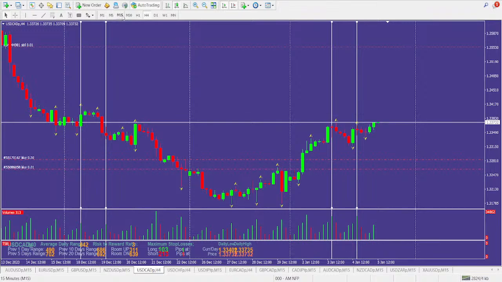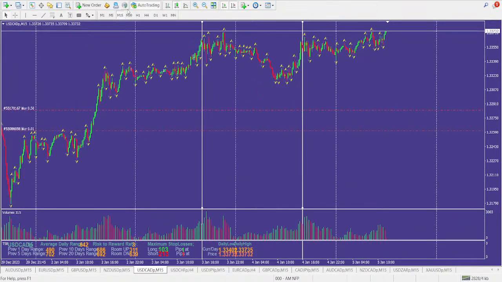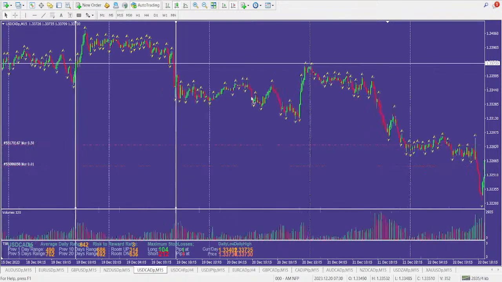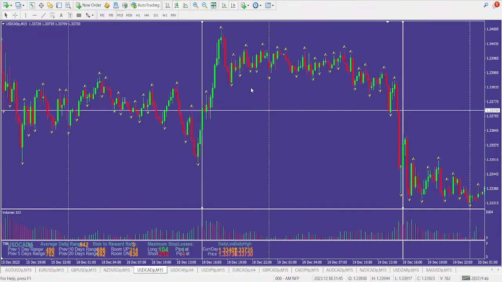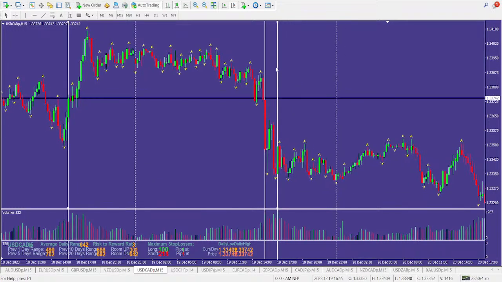M15, starting with supply. So as you can see, high volume spike up here. We have another one down here, but as we can see, price has obviously broken that level, so that level is no longer relevant.